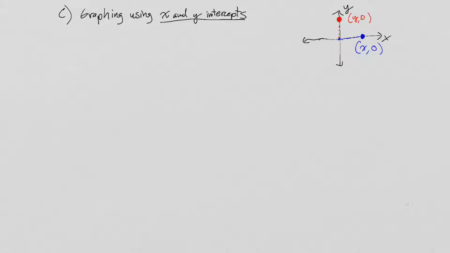So basically, to find an x-intercept, set y equal to 0 and solve for x.